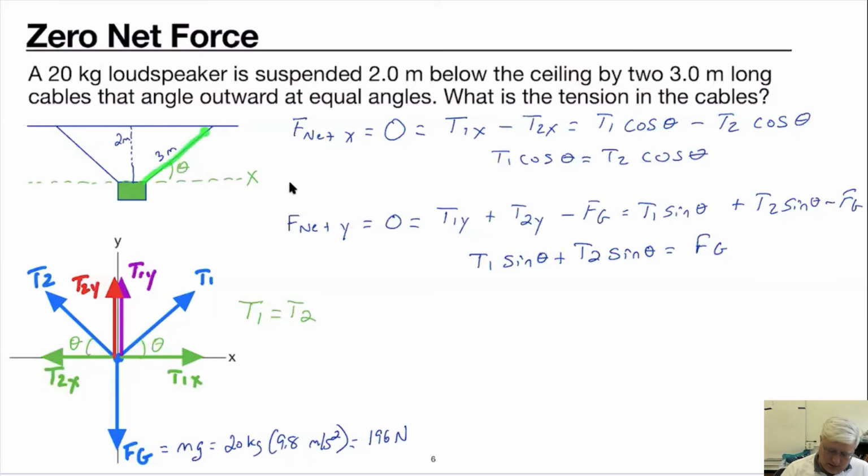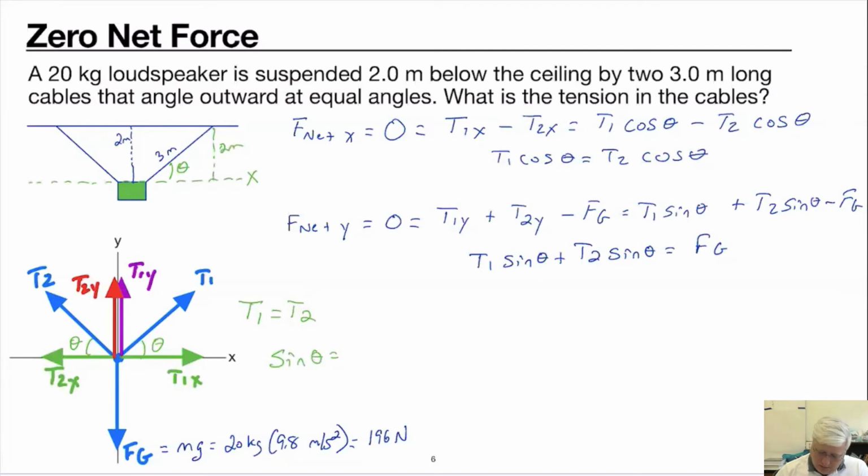Well, what do we have here? We have a hypotenuse here, and we also know the distance below the ceiling is 2 meters. So we can move that over here and make a right triangle. So we got a 2 meter side, 3 meter on the other. We can figure out what the angle is, because the sine of the angle is the opposite over hypotenuse.